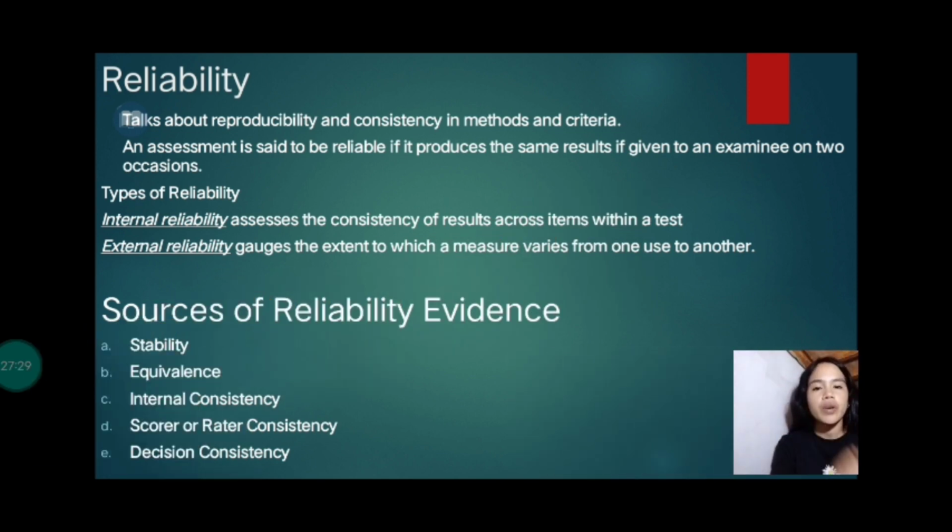We have already discussed validity, and now let's proceed to reliability. Reliability talks about reproducibility and consistency of criteria. An assessment is said to be reliable if it produces the same results when given to examinees on one or two occasions.